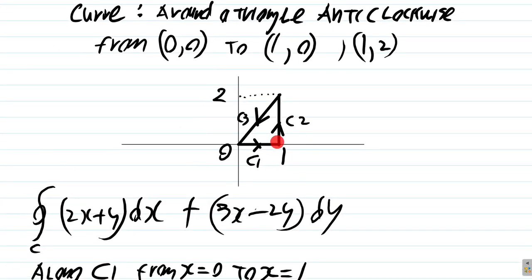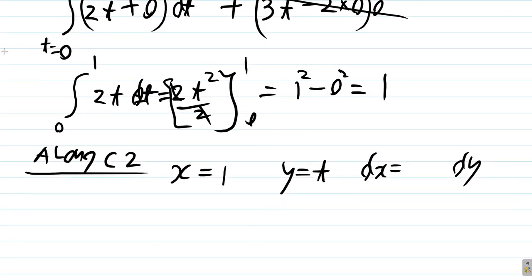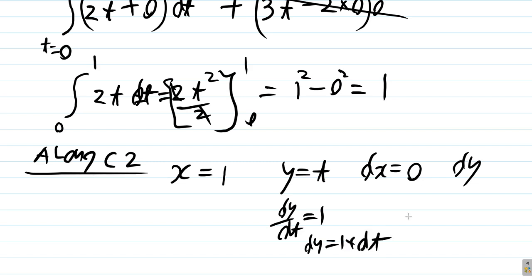In order for x to change, you'd have to make some shift to the right or left. But there was no shift to the right or left. It goes straight up. So dx is 0. What is dy? Well, if you find dy by dt, you get 1. So dy is equal to 1 times dt. So dy equals dt.